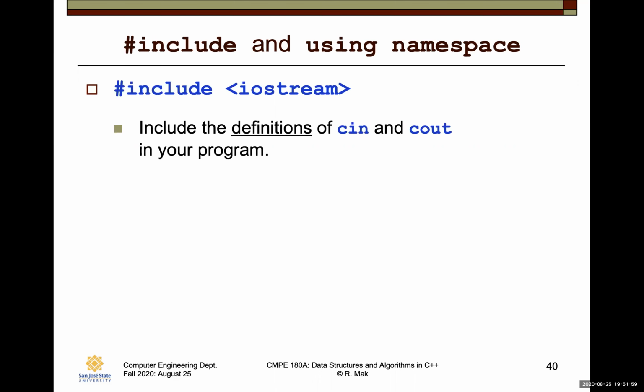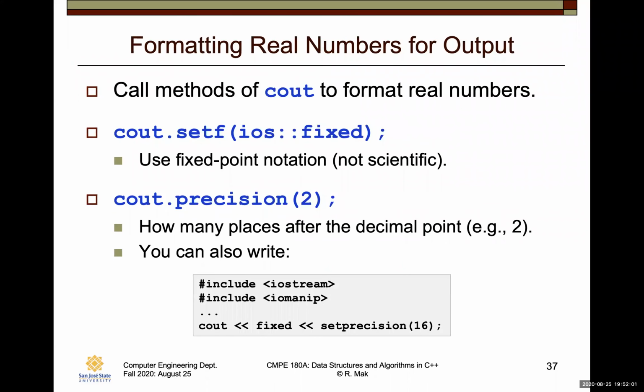Earlier, you saw me including iostream. Remember, I said that C++ considers input and output to be a stream of characters. Somebody had to write the code to make that work, and this is the code that you're including. Actually, you're only including the header files, but we'll not make that distinction yet.